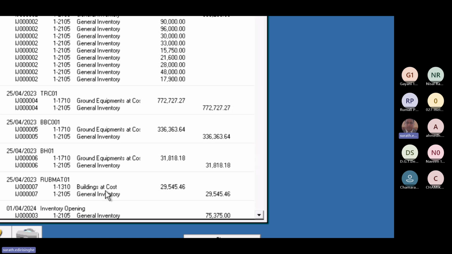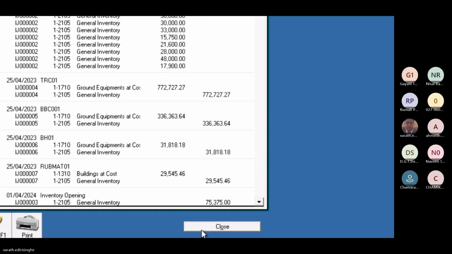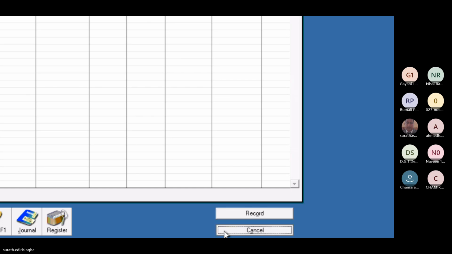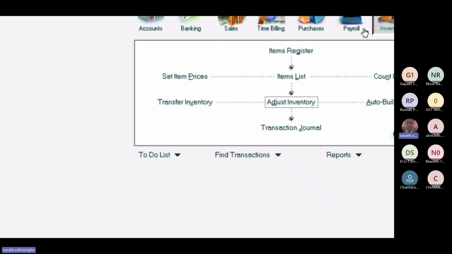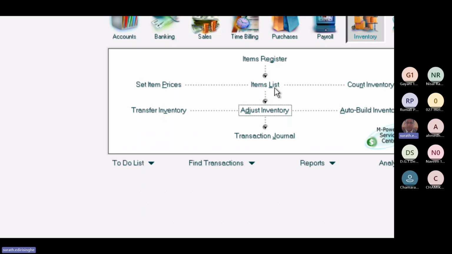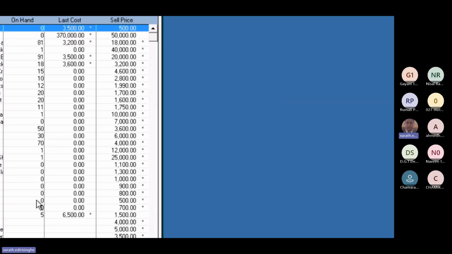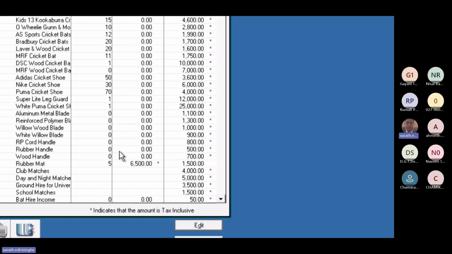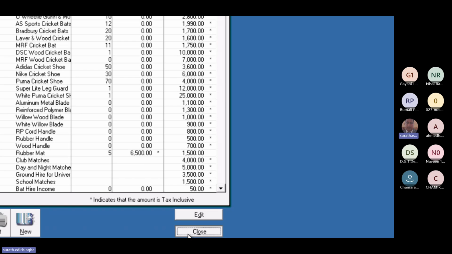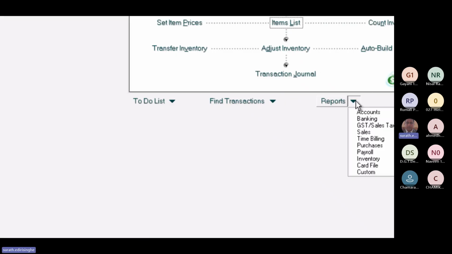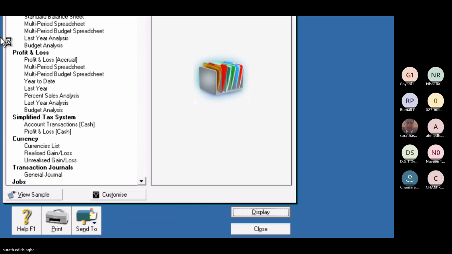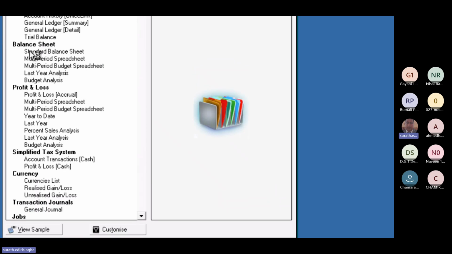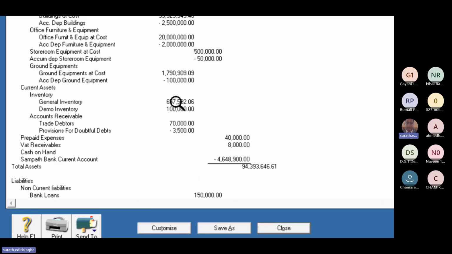Right, complete. Then look at the inventory item list again and go to the rubber mat. Now 5 rubber mats are in the warehouse. Then the reports, accounts, and balance sheet. 5 rubber mats are in the building.